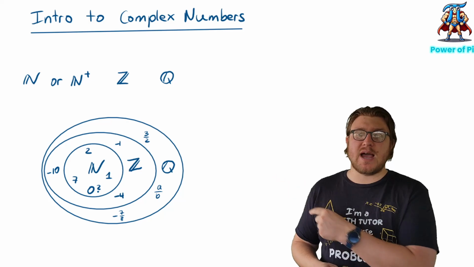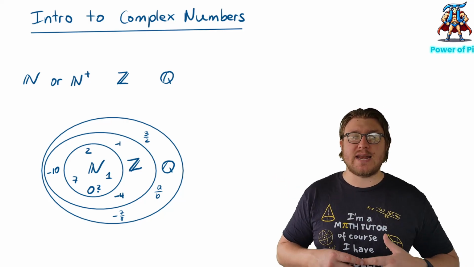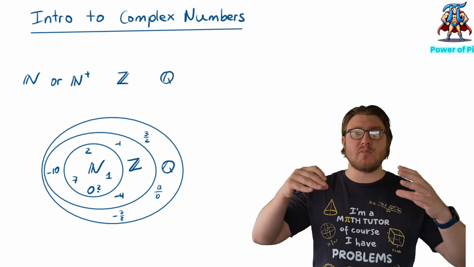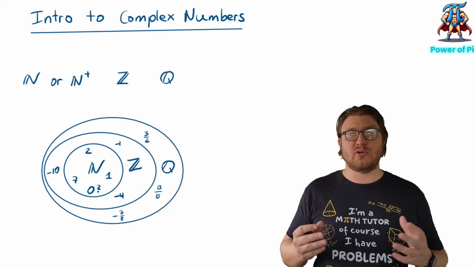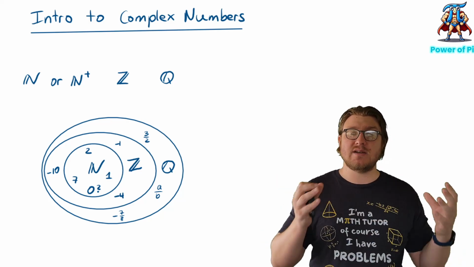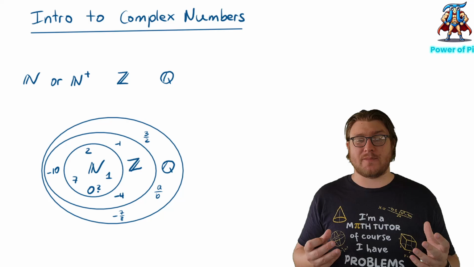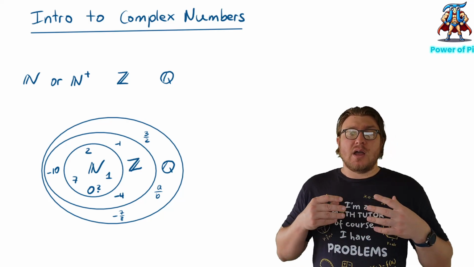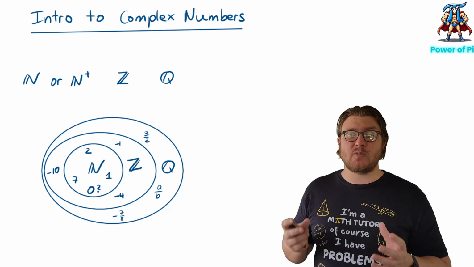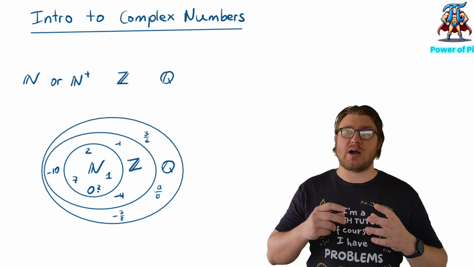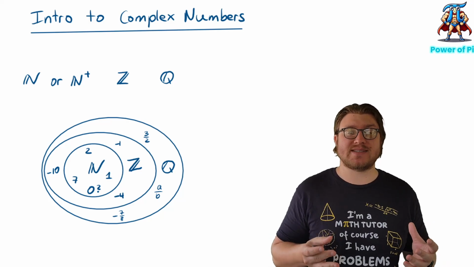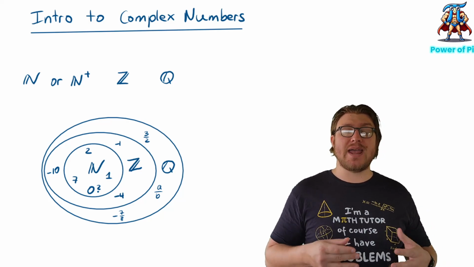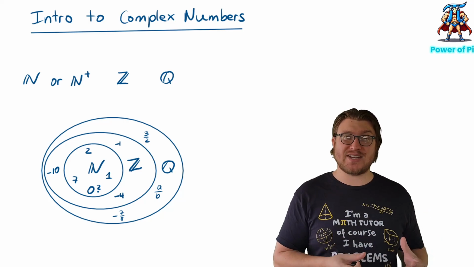Now over here, I would like you to realize that every time I made more numbers, when I created a bigger set, I included the smaller one in the bigger one. So what we actually have is in the middle, we've got our natural numbers, which is our counting numbers. Now our whole numbers, the integers with a Z, actually come included with the natural numbers.